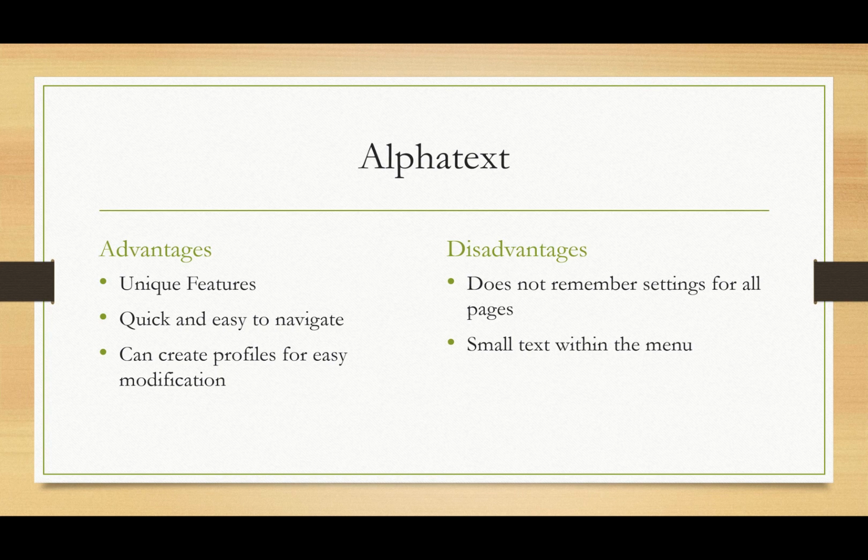Some of the disadvantages, though, are that it doesn't remember the settings for all of your pages. So, for example, if you're writing a research paper and are switching between a CNN article on one tab and a New York Times article on another, and both of them use the same, for example, profile. For the CNN profile, you have to manually set that in.